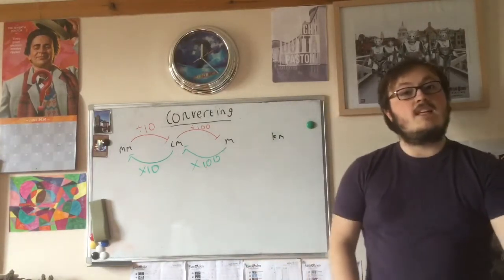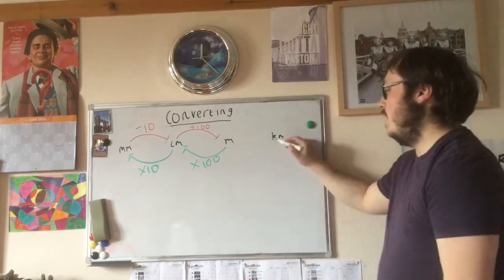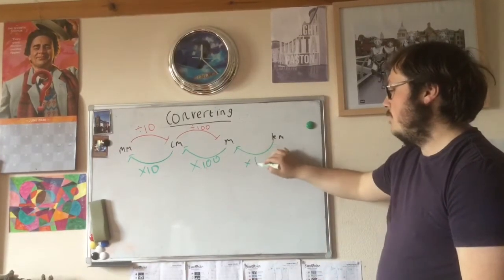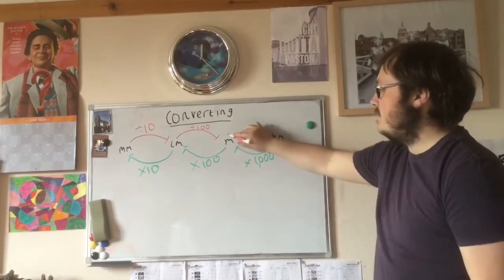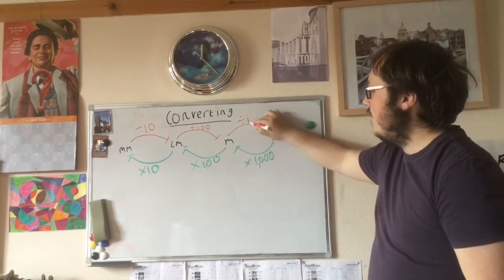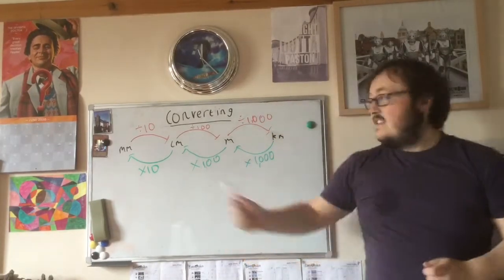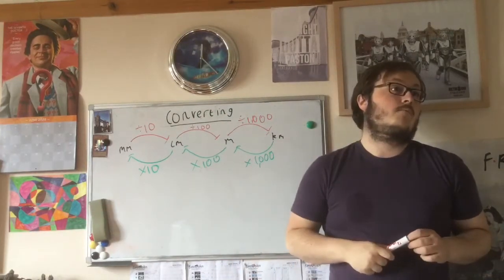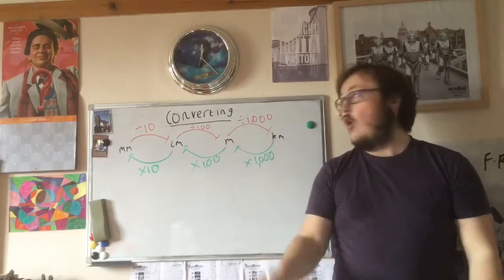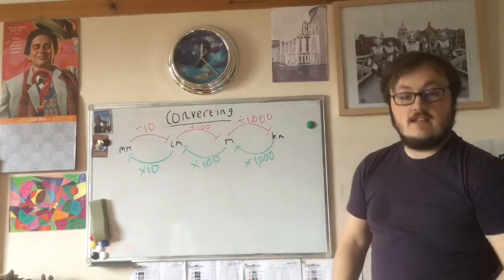Well, kilometre means 1,000 metres. So if I want to work that out, I just multiply this by 1,000. And then if I want to do the complete opposite, I divide by 1,000. This is all you need to know to get through today's video. So if you're not sure, copy this out because you need to follow this to get through this video.